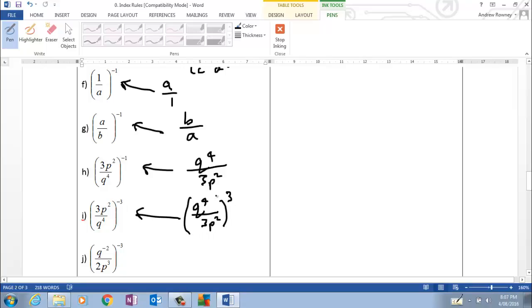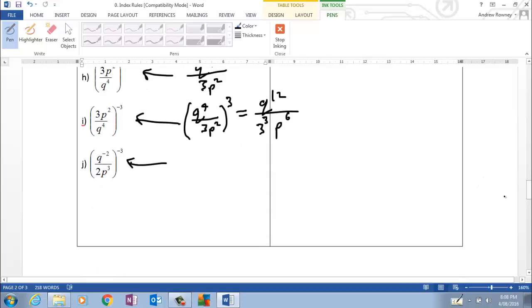We've got rid of the minus by flipping it, but we've still got the 3, so you could actually expand that and make that q12, and that's 3 cubed, or 27, and p6. And j, once again you flip it, 2p cubed, and q minus 2, and that's, instead of the minus 3, it's to the positive 3.